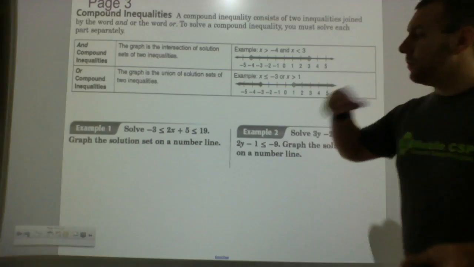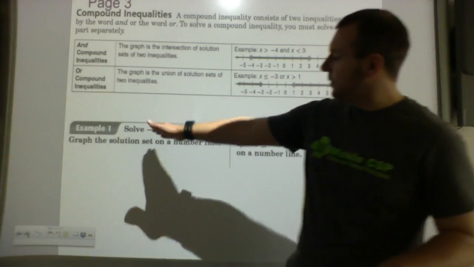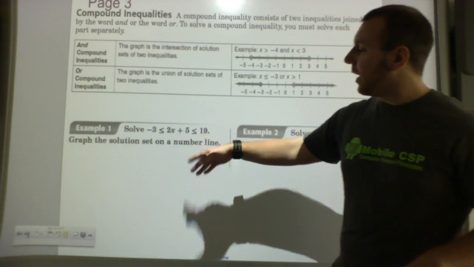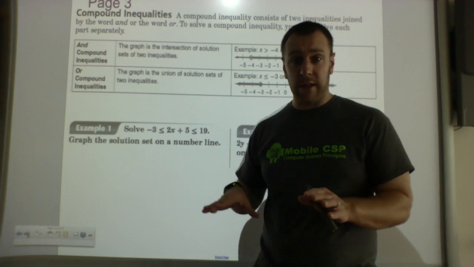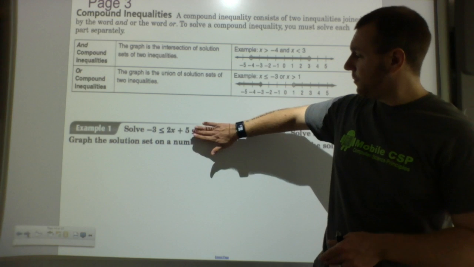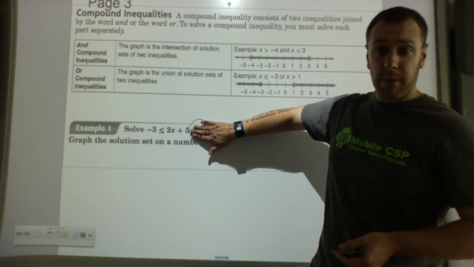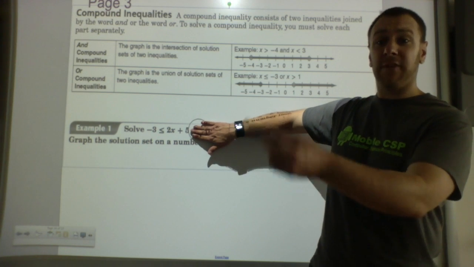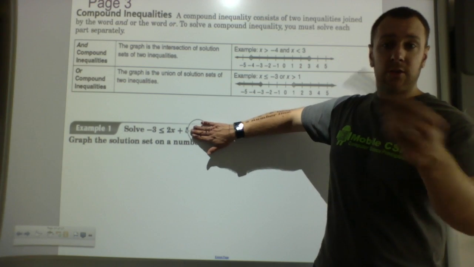Okay? So if I look at this, you'll notice that negative 3 is less than or equal to 2x plus 5, which is less than or equal to 19. Now there's two different ways of doing this. I can cover that up and solve that problem, right? I'll subtract 5 from both sides, then I would divide by 2, and I would get x is whatever.